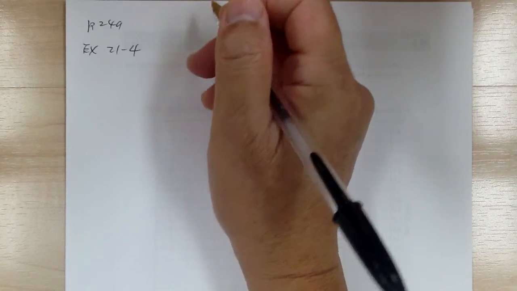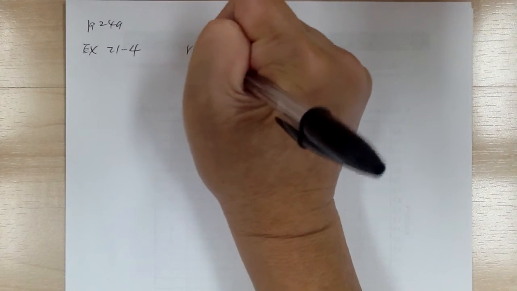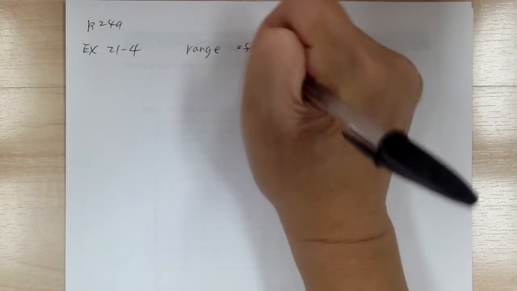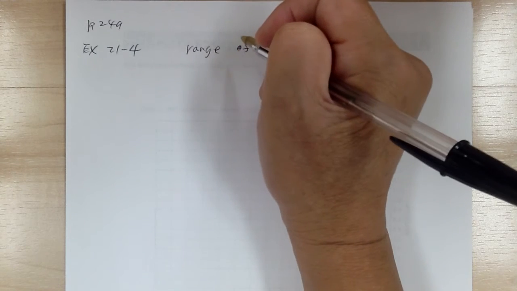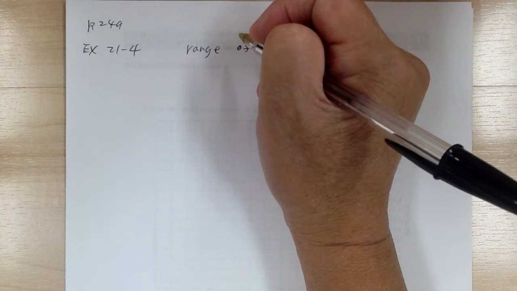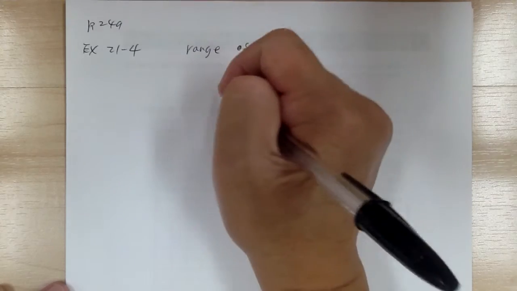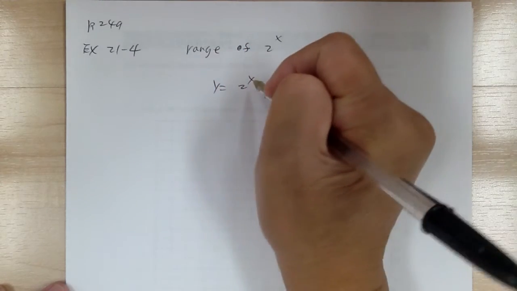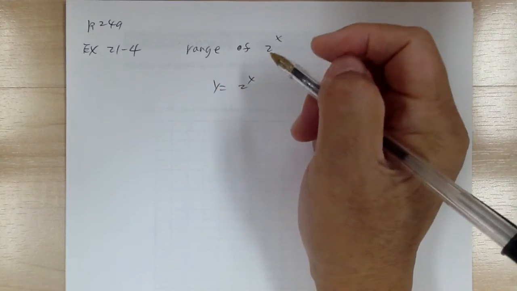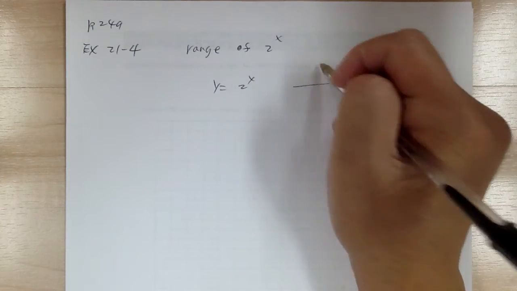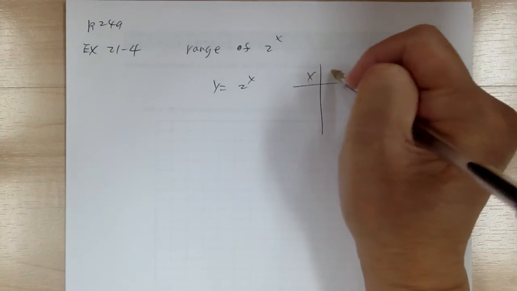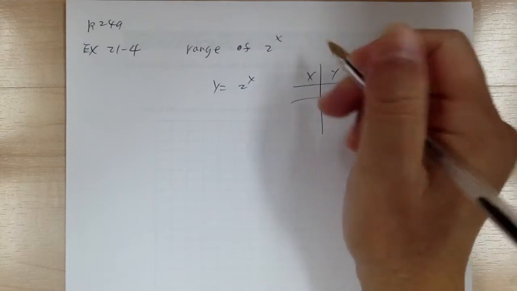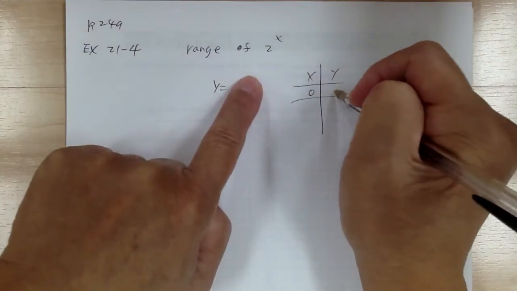You're looking for the range of 2 to the x. You can think about it: you got y equal to 2 to the x. Now, you can make a table and sketch it out, for example. If x equals 0, you got 2 to the 0, you get 1.